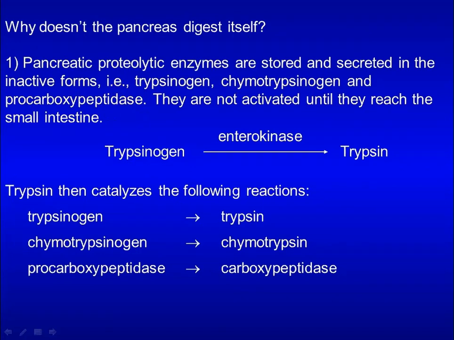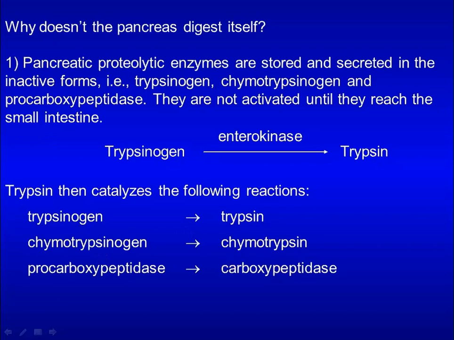They are not activated until they reach the small intestine. In the small intestine, enterokinase produced by intestinal mucosa activates trypsinogen and converts it into trypsin. Trypsin then catalyzes the activation of trypsinogen and other proteolytic enzymes.